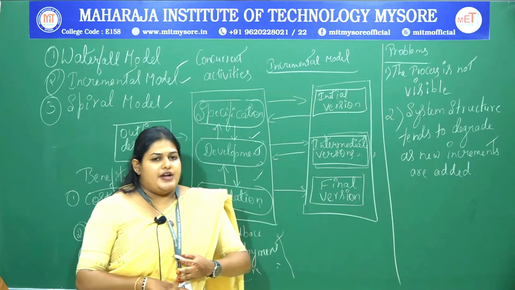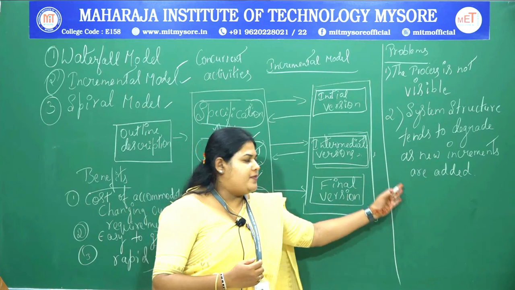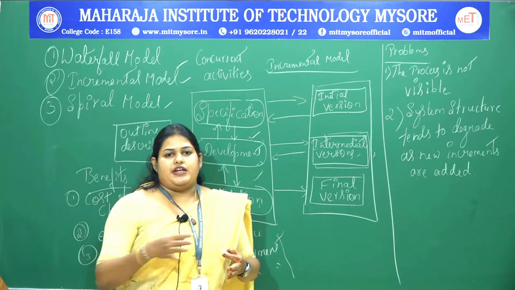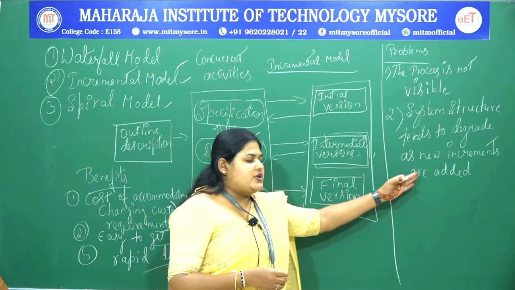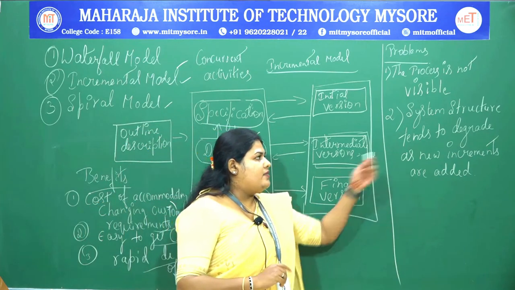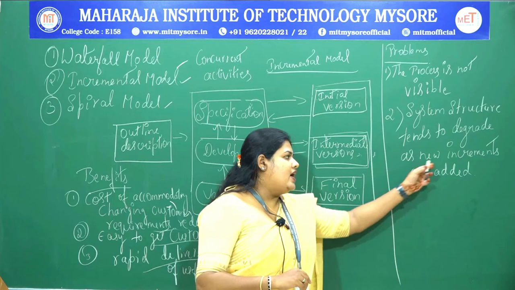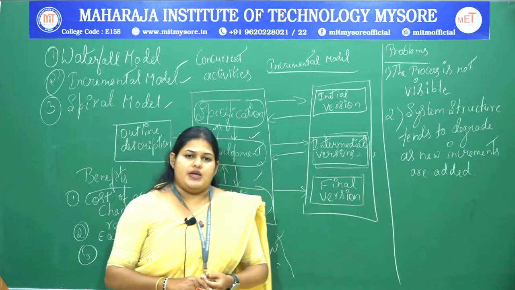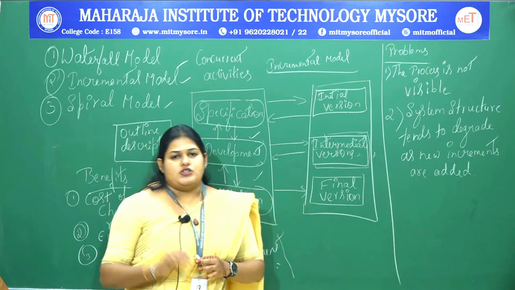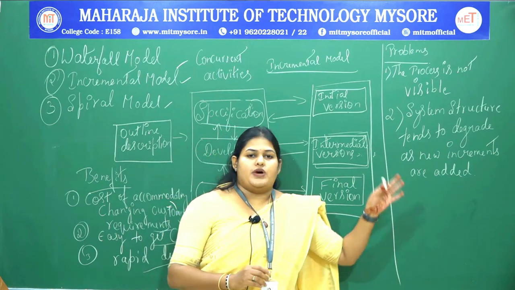But when it comes to the end of the product, we may not get 100% perfection in the project, where extra add-ons may lead to the proper software not working. So, that is the problem. If the system structure degrades as new increments are added, the product might be corrupted. So, you should keep that in mind: we should not add on too much.